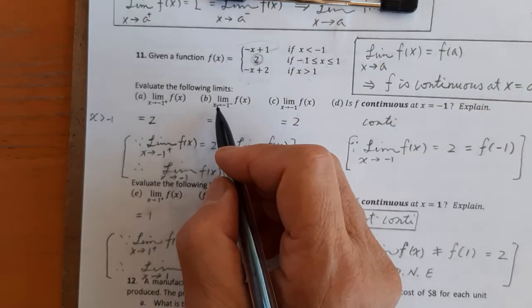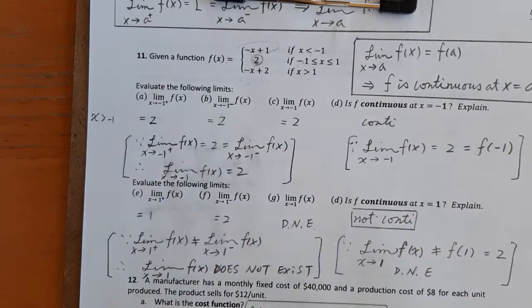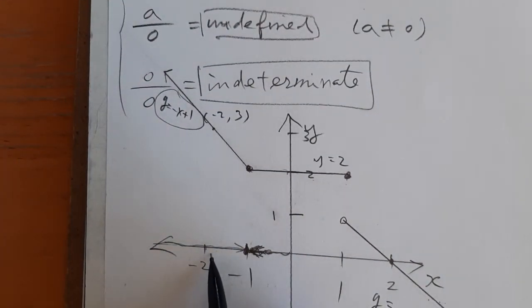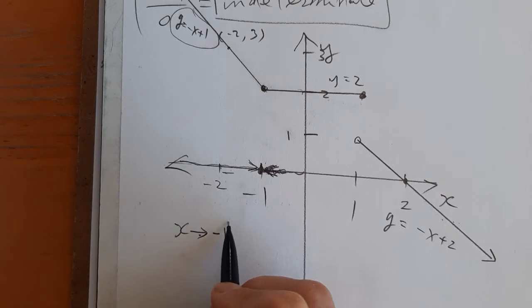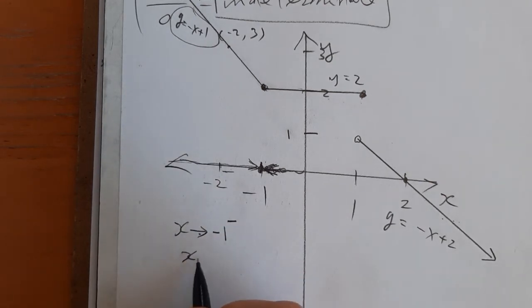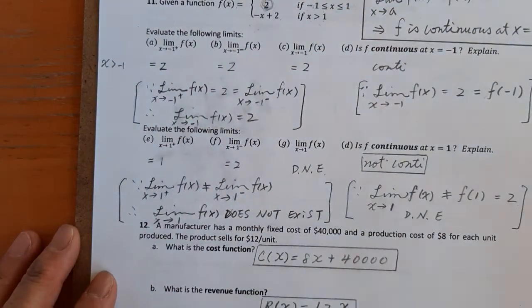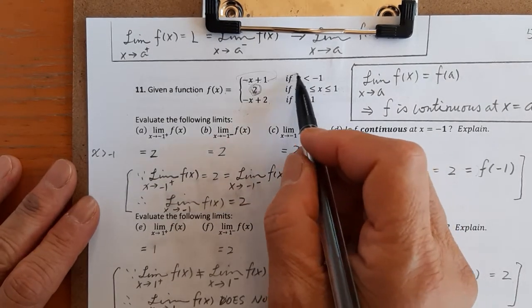Then the limit as x approaches -1 from the negative side, from the left-hand side. Those x have to be less than -1, which is the first piece.